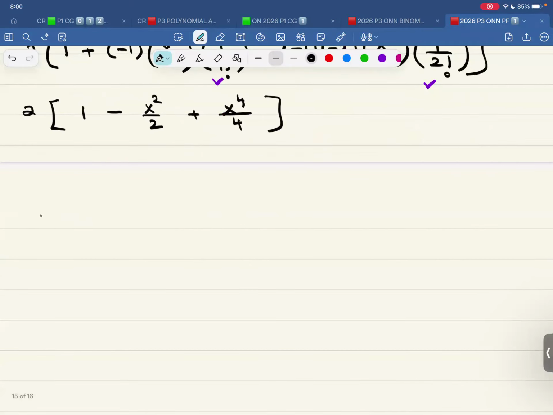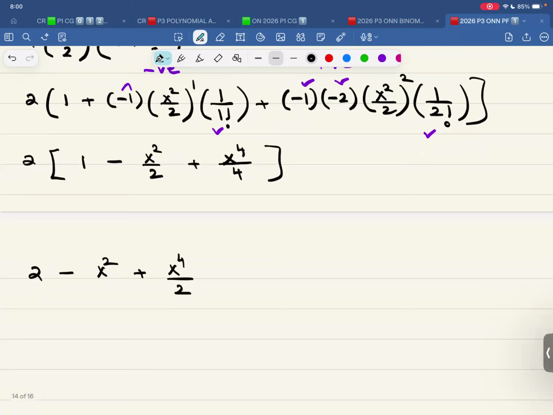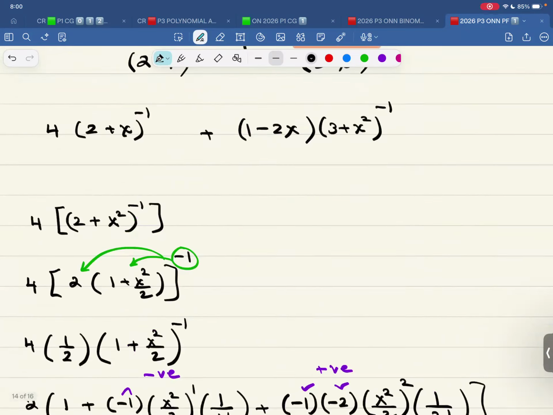Now you think that I won't be needing it. So 2 minus x squared plus x to the power 4 over 2. Because this is x to the power 4, that's why it's not needed. Up till x squared is good. This is not needed. That's the first thing.